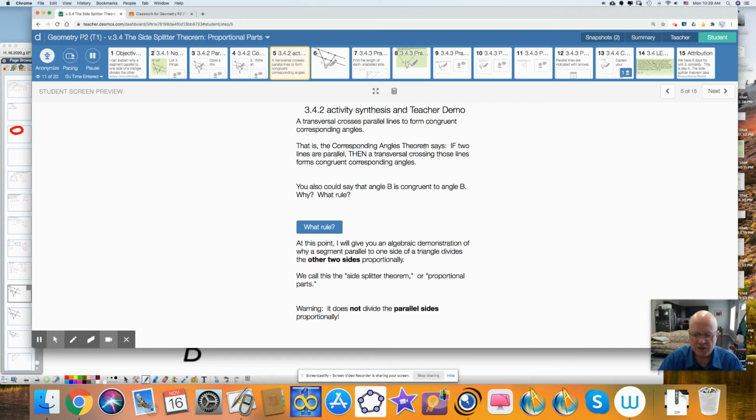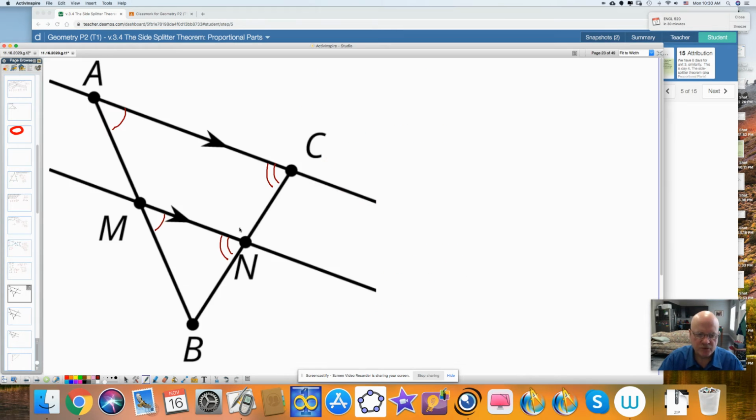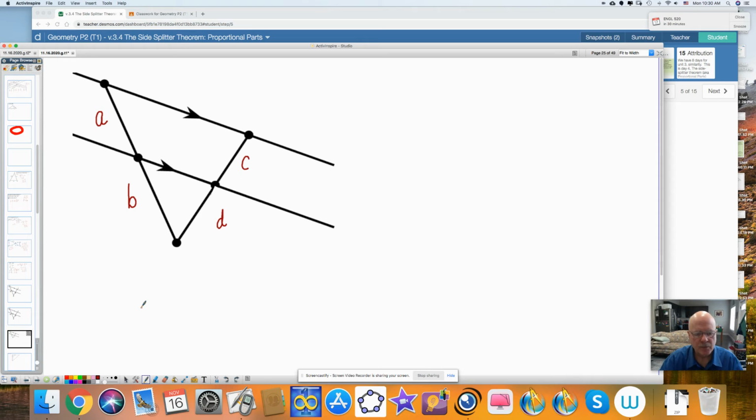And you could also say that B is congruent to B by the reflexive property, that angle B is congruent to angle B. And so I'm going to show you another way of proving this. We'll do it like this. Here I have two triangles. I'll redraw the triangles like this and like this.